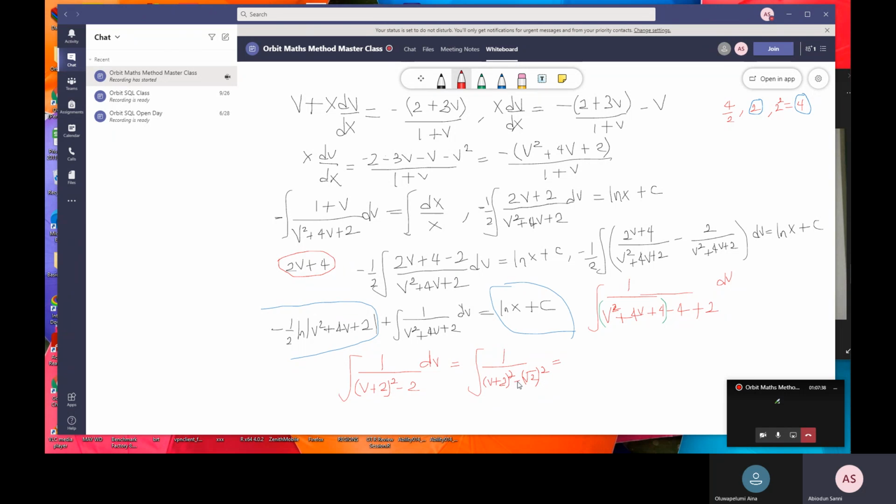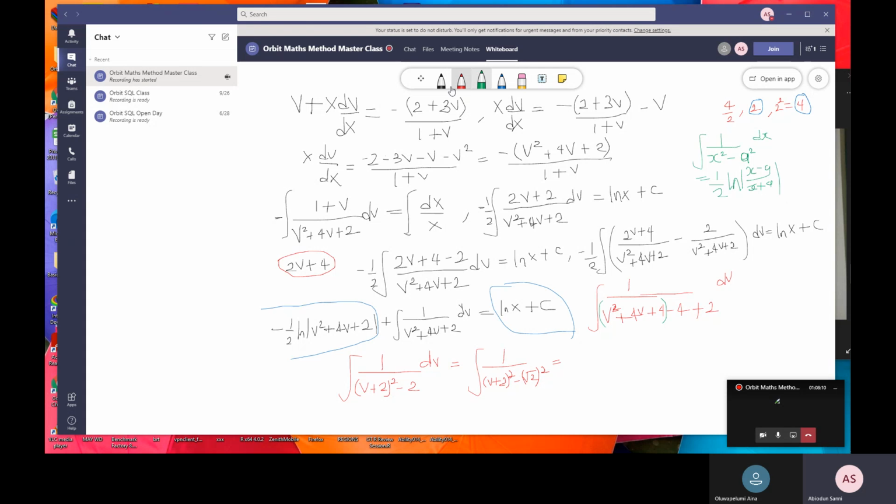And don't forget that we did something like this, that any integral of this format, 1 over x squared minus a squared dx, is going to be 1 over 2a ln of x minus a over x plus a. We did this one in the last question, that was the last question I think we checked.